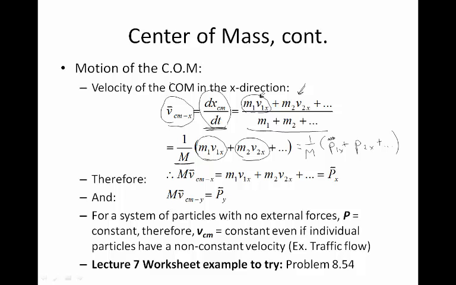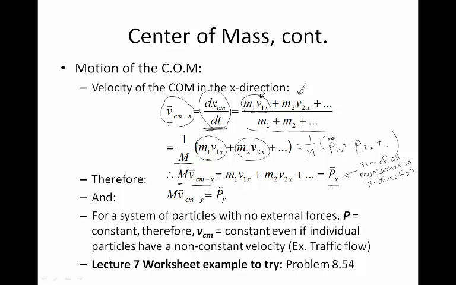So what we see then in this line here is they've moved the center of mass to the left-hand side. So you've got, or excuse me, the total mass times the velocity of the center of mass gives you the total momentum for the system. So this is sort of a sum of all momentums in the x direction, and that's why it's a capital P instead of a lowercase p.